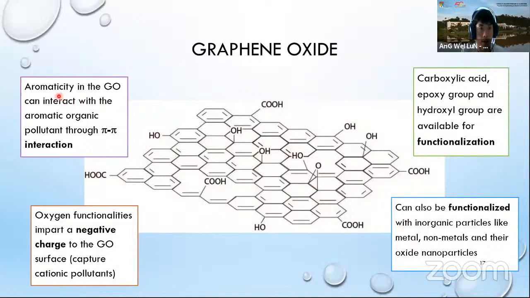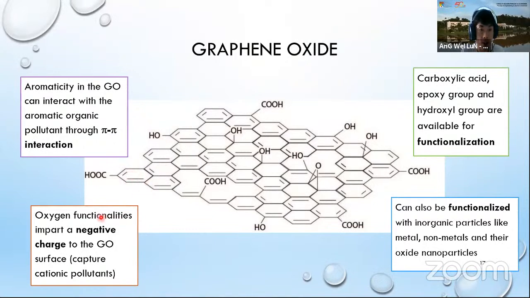One is that its aromaticity can interact with aromatic organic pollutants through pi-pi interaction. So the aromatic structures with the delocalized electrons can form interactions with pollutants with similar structures.